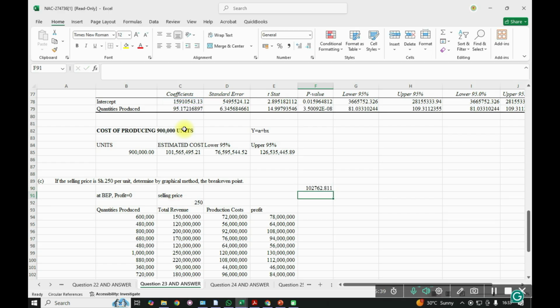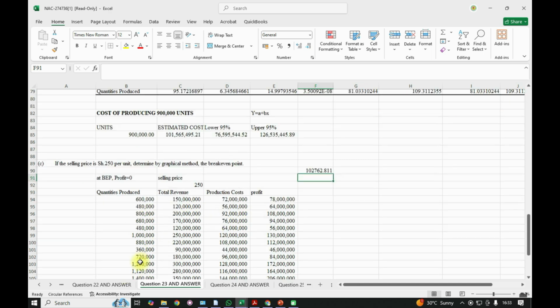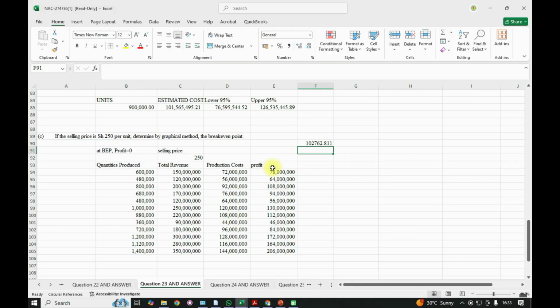So we shall get something like 102,760 as our break-even units. Therefore the units that we have been given are more than this, so we shall have to undo that.